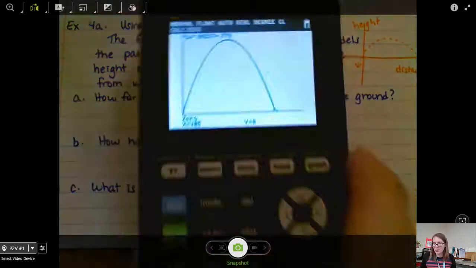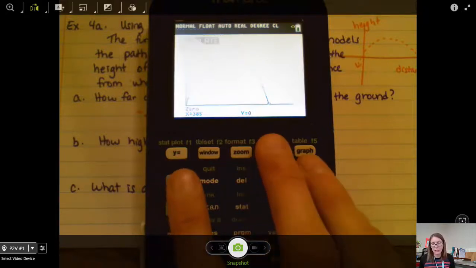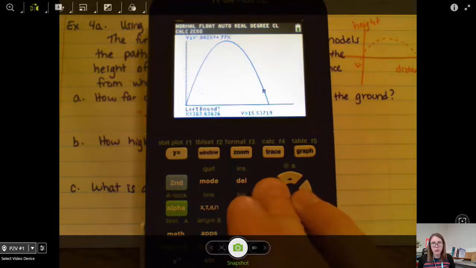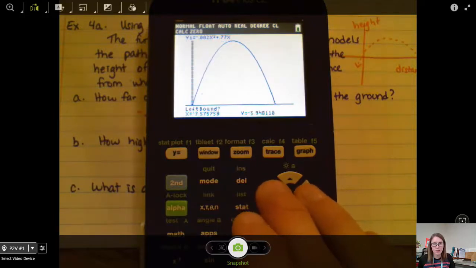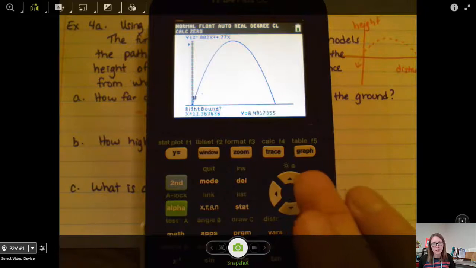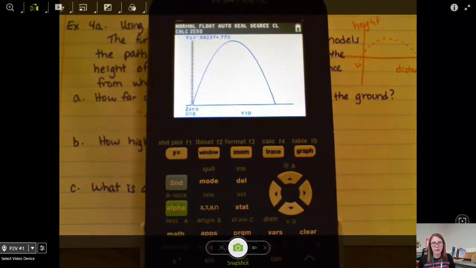Well, we should probably double check what the other x-intercept is just to make sure our situation makes sense. Second calc 0, we scroll. Okay, left bound, go to the left a little bit. Right bound, and enter.